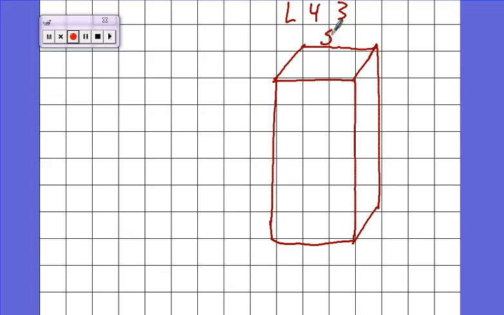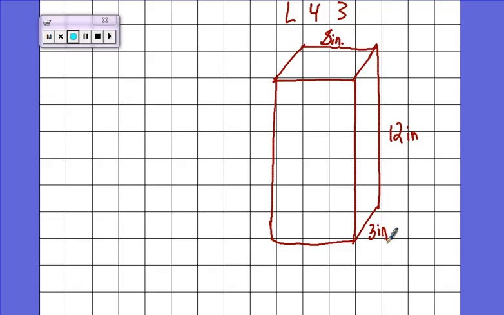If this is 8 inches, and this is 12 inches, that's the height, and this is 3 inches, I could find the surface area of this entire shape. But it requires us to figure out some basic information.